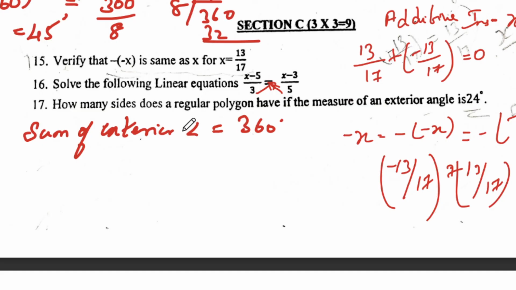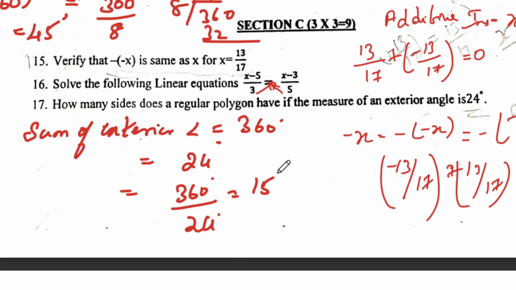So the measure of an exterior angle of the regular polygon is 24 here. So the number of sides of the regular polygon is 360 degrees divided by 24 degrees, which is 24, 15s are 360. So which is 15.